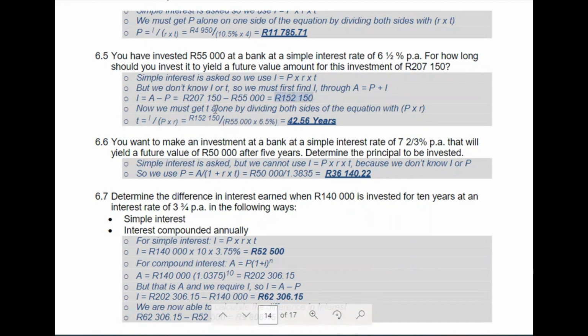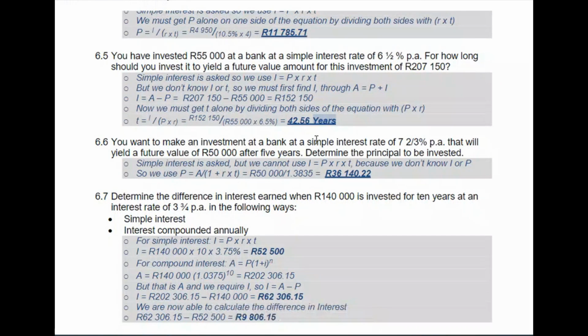Now we must get the time period alone by dividing both sides of the equation by P times R. So we do that, simply replace the values, and we get a number here of 42.56, but this must have a unit, and because we are looking for the time, the unit is years.